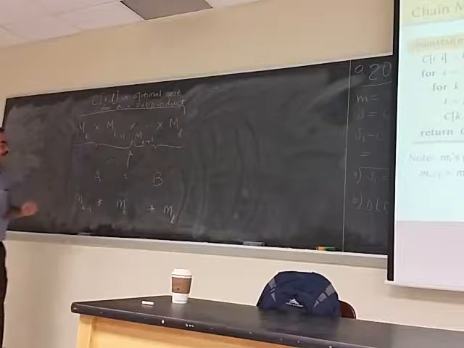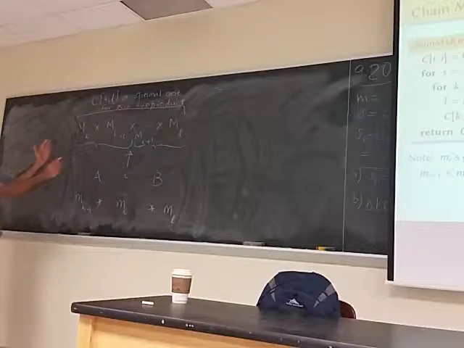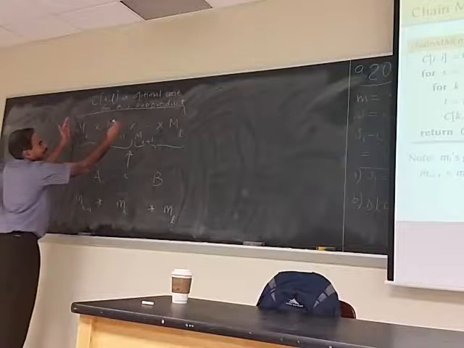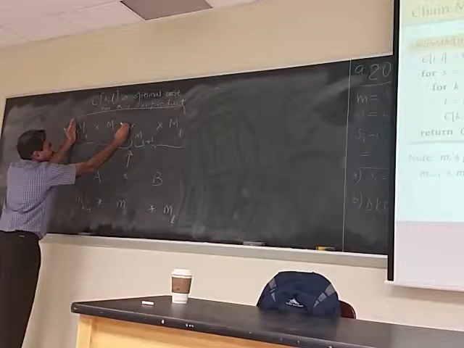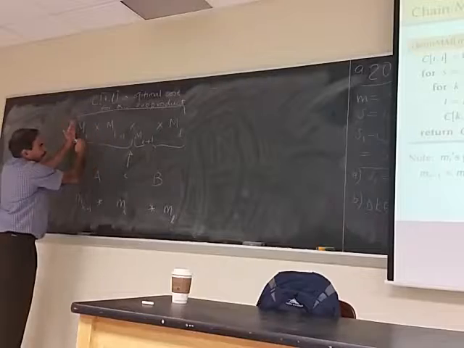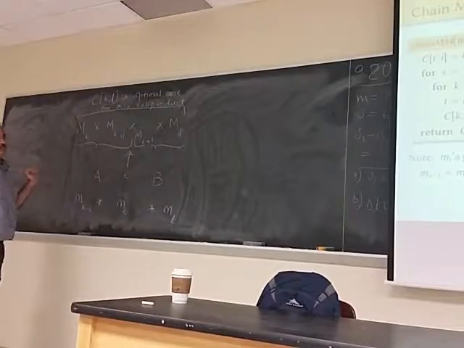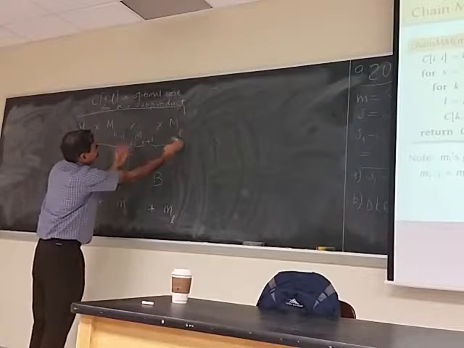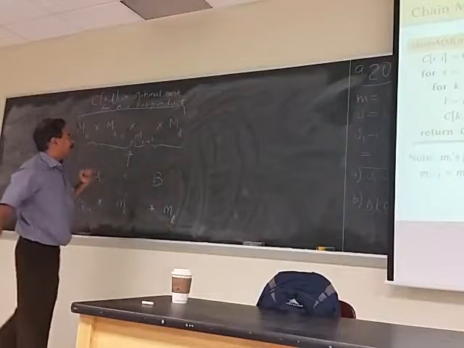Okay. So now what we have done is basically we have already computed in previous iterations the lowest cost way to multiply mk through m(i-1), and then we also have the best way to multiply mi plus 1 through ml.